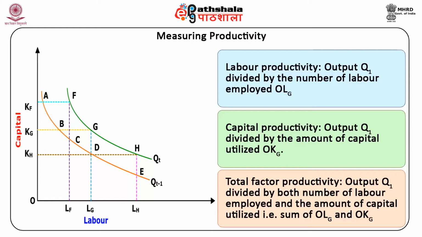On each point on the isoquant, a different result is achieved for the single factor measure of productivity. For instance, labor productivity at point F is greater than at G, and at G it is greater than at H on the isoquant Qt, while it is just the opposite for capital productivity, as it is greater at H than G, and at G it is greater than at F. However, these problems are avoided in the case of total factor productivity as the output is divided by the total amount of factors used.